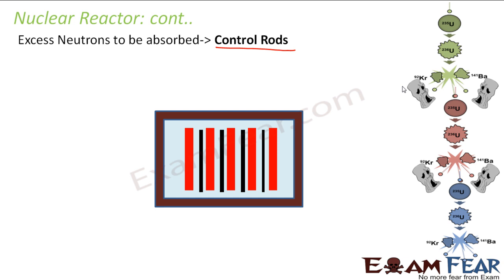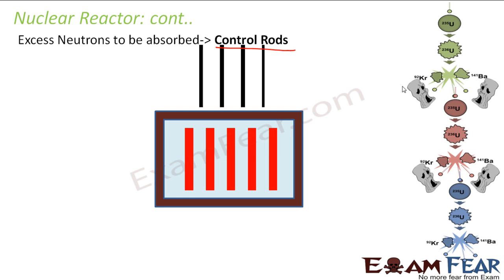In fact, the control rods are capable of stopping the nuclear reaction, because when they are inserted, they absorb all the excess neutrons. As a result, there will be no neutron left to start the next nuclear fission reaction. This is how it can stop the nuclear reaction. Control rods can also start the nuclear reaction. If you take them out, you again have all the neutrons which are capable of initiating nuclear fission reaction. So this is how these rods are capable of controlling the nuclear reaction.